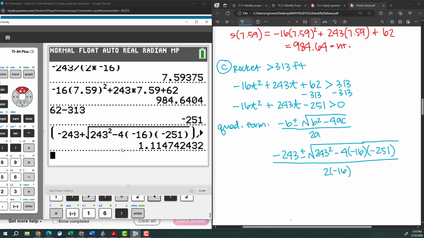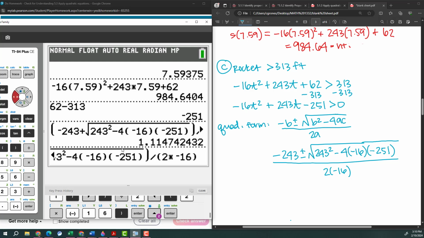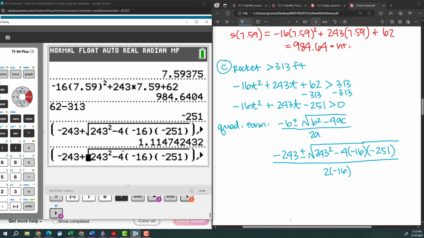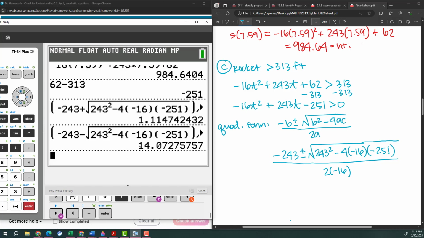So instead of retyping all of this, I'm just going to use my up arrow and highlight this formula and hit enter. The only thing that I have to change is this to our minus sign. So we've got negative 243 minus all of this, and I can hit enter, and I get 14.07.